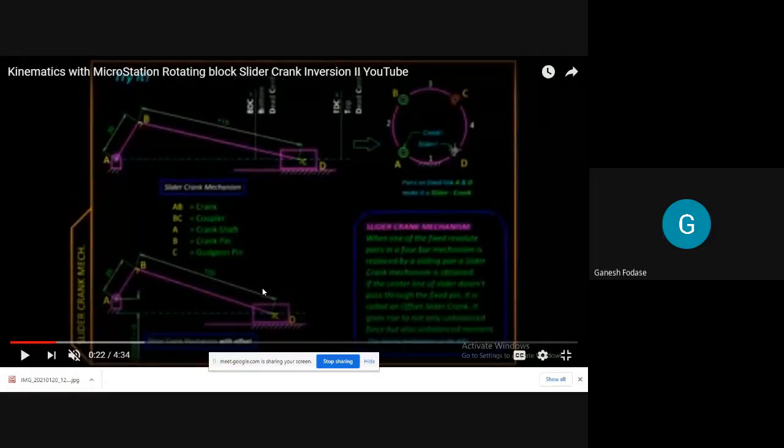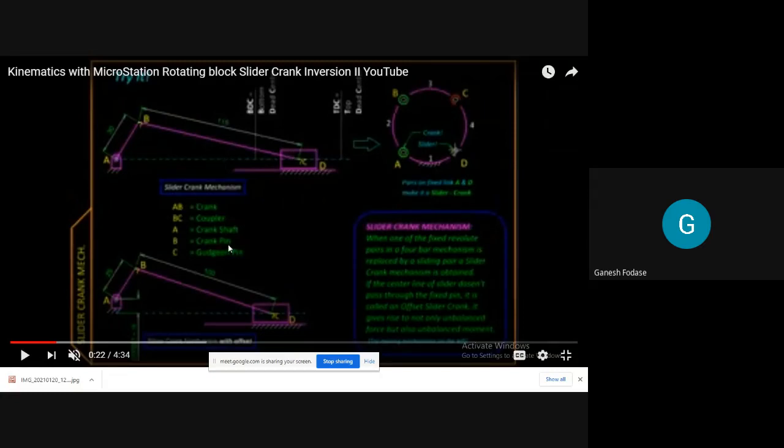Yes, sir. Okay. Now see, whatever we discuss about the Whitworth quick return motion mechanism, I hope this YouTube video is visible to you. Basically, it is a slider kind of mechanism shown here. Try to understand what we are going to discuss. In this inversion, which link are we going to fix?